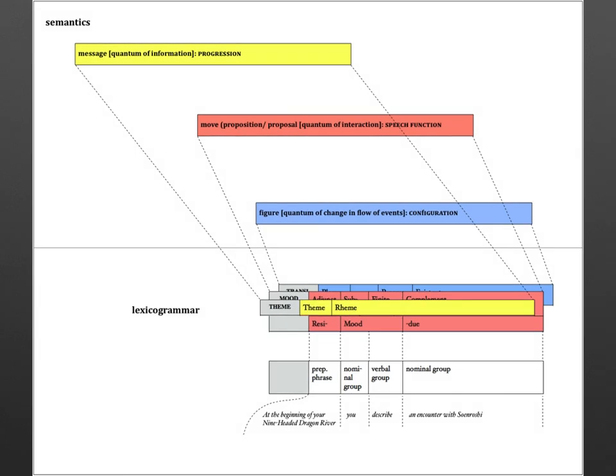And by way of reminder, I showed this figure earlier in our presentations, making the point that if you look at the clause from a semantic point of view, it is simultaneously a message, a move, a figure. And what the grammar of the clause does is, as it were, weave these together or unify them into one grammatical structure where you can still see quite transparently the different metafunctional contributions.